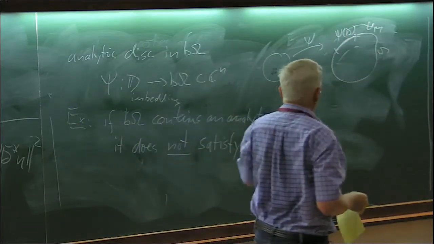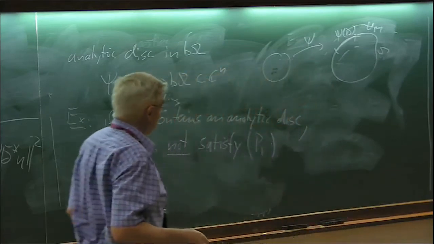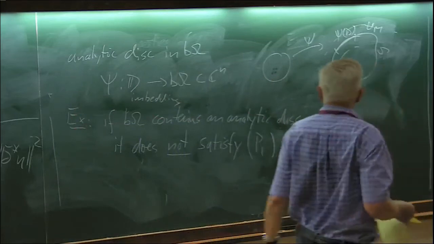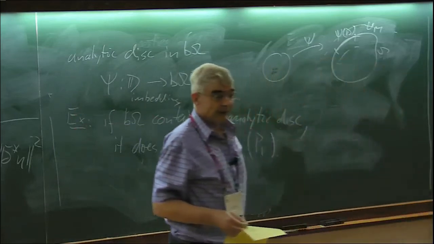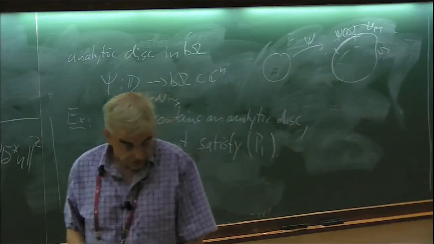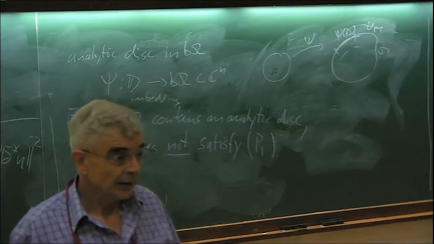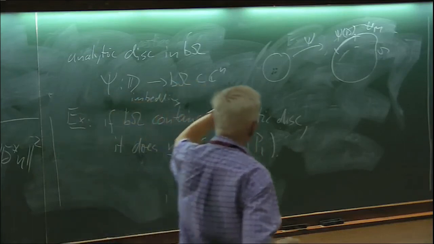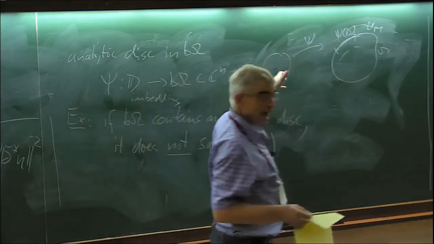The upshot is that if the boundary were to satisfy P1, you will get the following on the unit disk: subharmonic functions, even C2 up to the boundary, if you take a little smaller piece of the disk here and rescale.